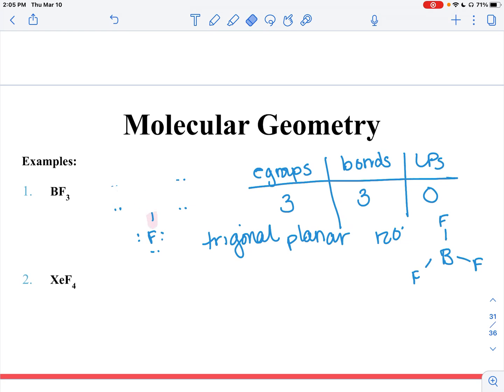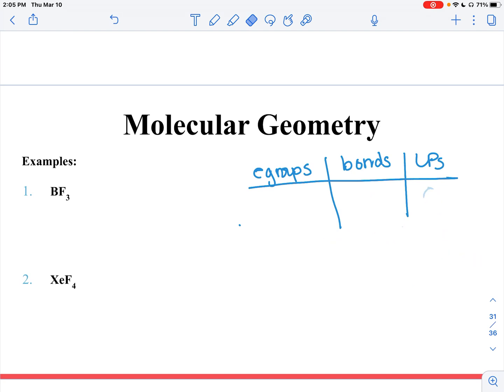So now let's do XeF4. I did do that one for you in a prior video, so you can go and take a look at the Lewis structure for it. If you aren't sure how I got this, it's an expanded octet. So now we're going to take a look at the E groups around the central atom.